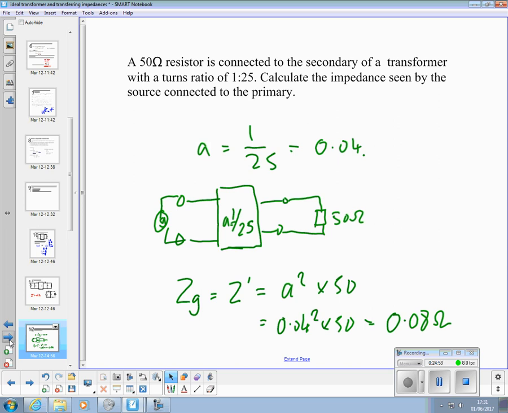So you're going to get more or less current in the secondary. You haven't got any voltages, so you don't really know, but you'd expect that impedance to be lower, wouldn't you? Happy?